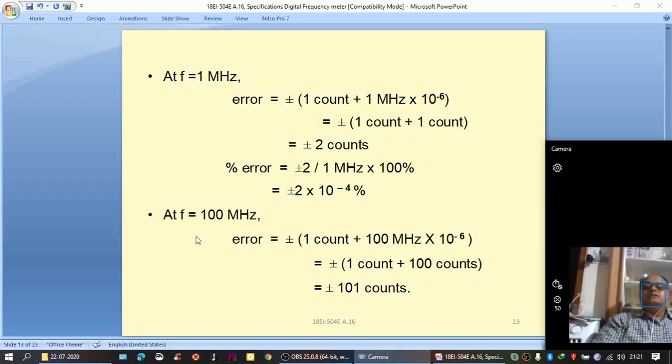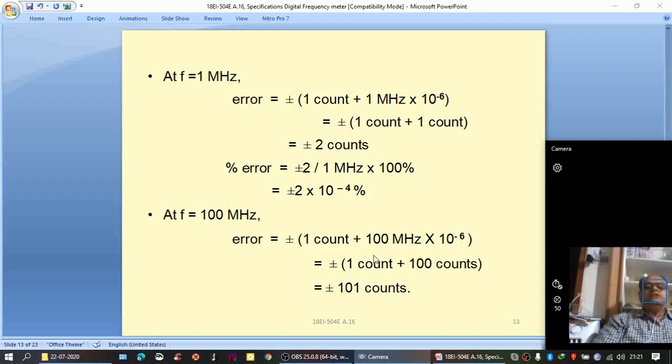At a frequency of 100 megahertz, to measure the frequency of 100 megahertz, error is plus or minus 1 count plus, what is the frequency to be measured now? It is 100 megahertz into, what is the counter error? It is 1 part in 10 power minus 6.